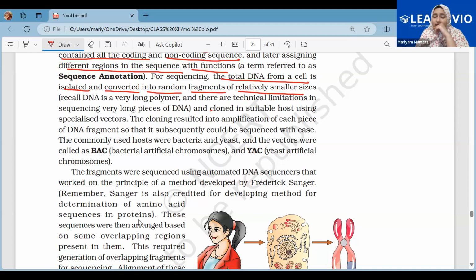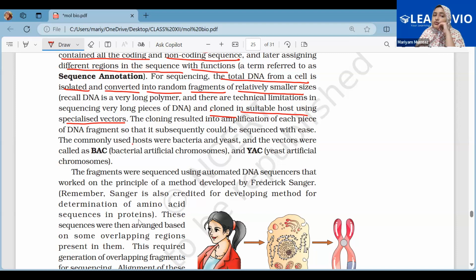And then they are cloned in a suitable host using specialized vectors. Cloning means you can make multiple copies of one thing, so that is cloning. So we do the cloning of each piece of DNA fragment, and then the sequencing of it is done by expressed sequence tag and sequence annotation.